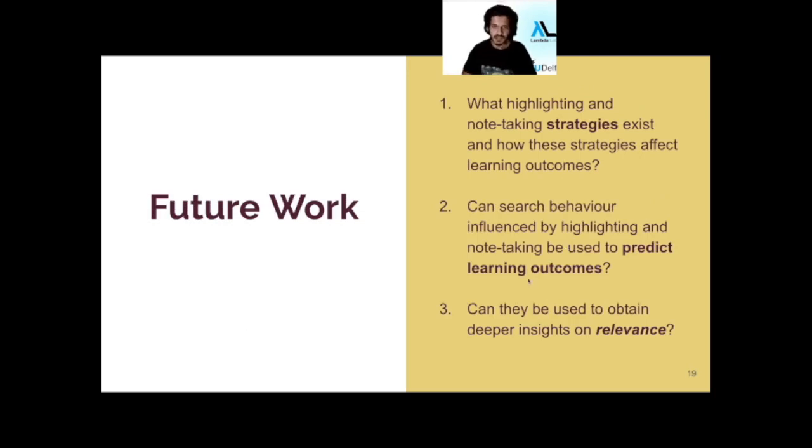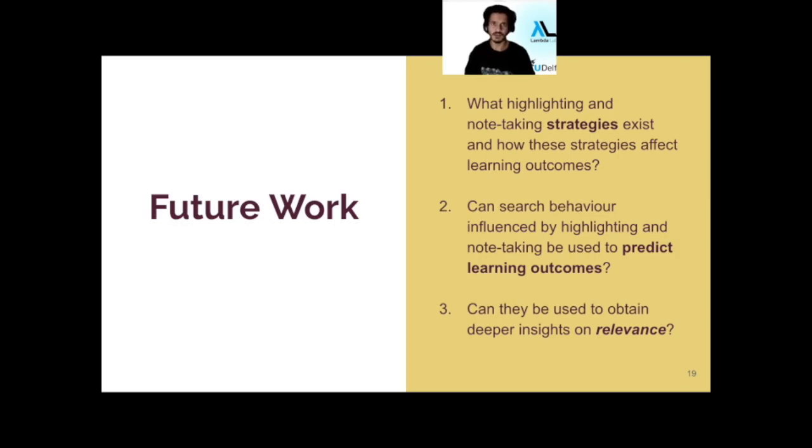For the future, there are 3 interesting future directions which researchers can dive into. First is what different kinds of highlighting and note-taking strategies exist and how these strategies affect the learning outcome. The second one is, can search behavior moderated by the presence of these tools be predictive of the knowledge state of a user?